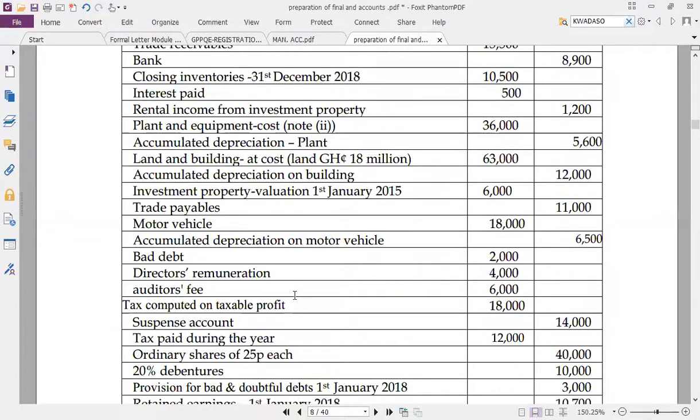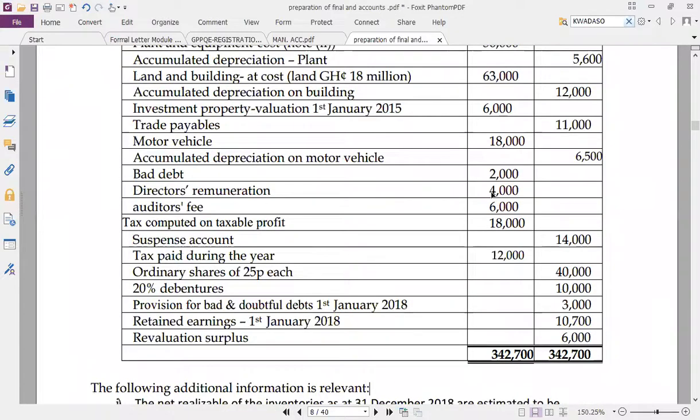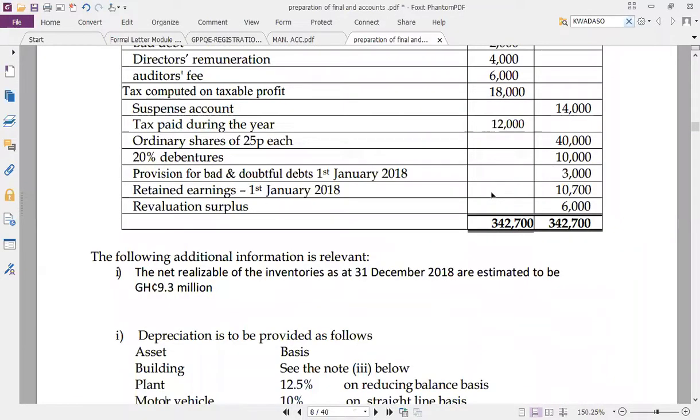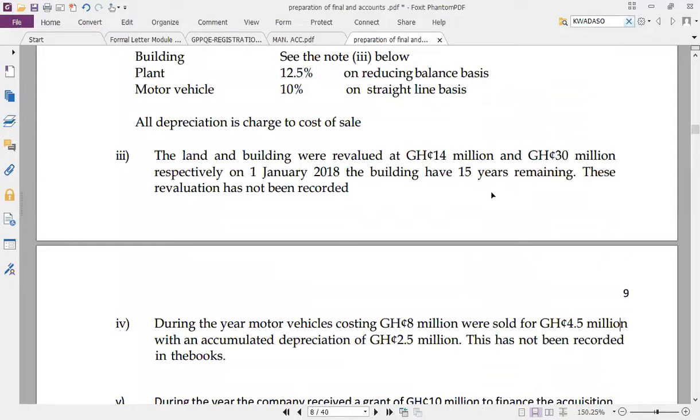So now let's see in this question if the fair value at the start of the year has gone up or gone down. You check here, the investment property valuation, 1st January 2015, the value is 6,000. The value at the end is 5,000. So there's a loss of 1,000.